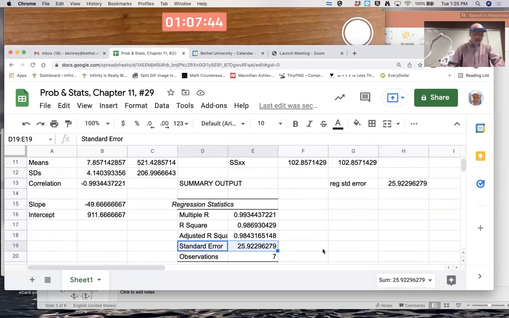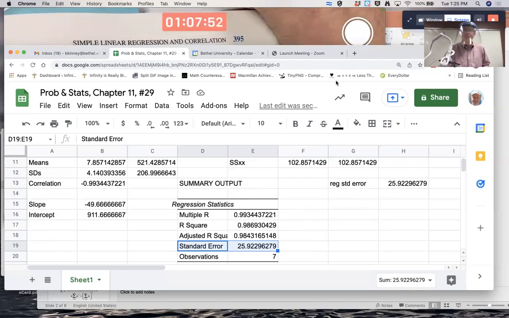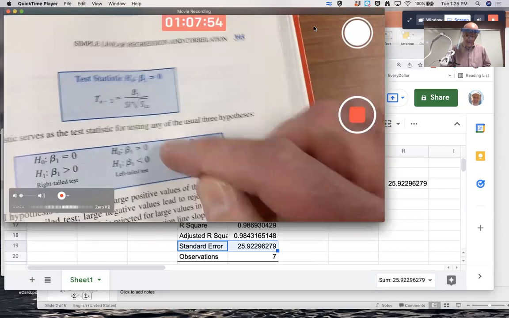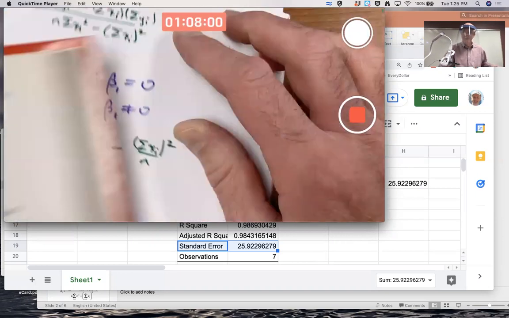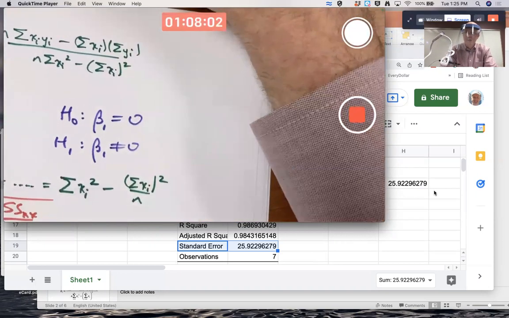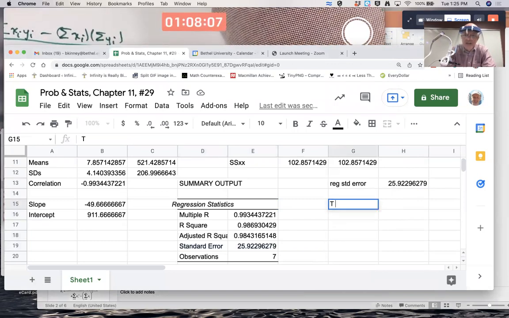Last thing to do here is confirm again this formula. It's not the very last thing to do today, but the last thing to do for what we've been trying to do for the past 20 minutes, which is to verify this formula and the t-stat in the output. I'll just call it T-stat here.